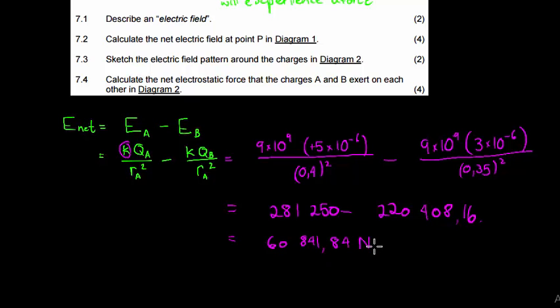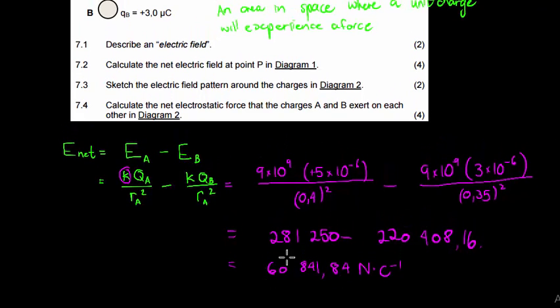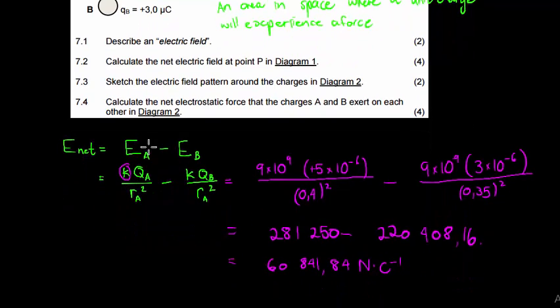60,841.84 Newton per Coulomb. Now this is a positive answer, which means that the first electric field is winning, it is stronger.